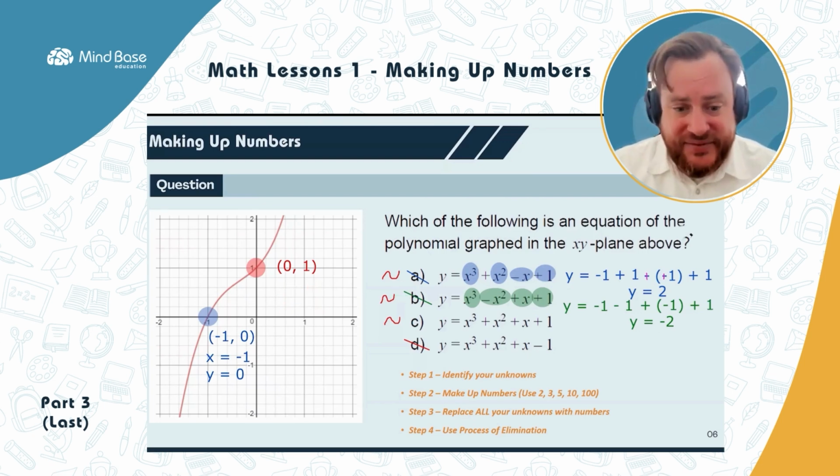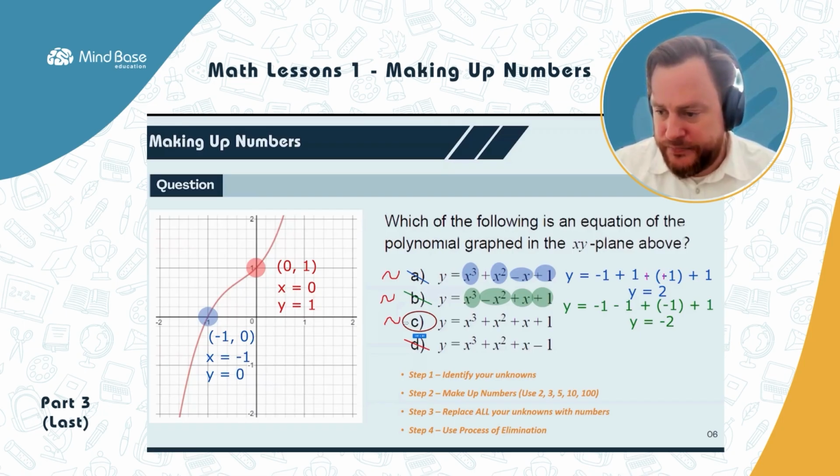So by process of elimination, I know the answer has to be C. But we can check it just in case. So let's do C. First, we're going to do our x to the third power, which is just -1.